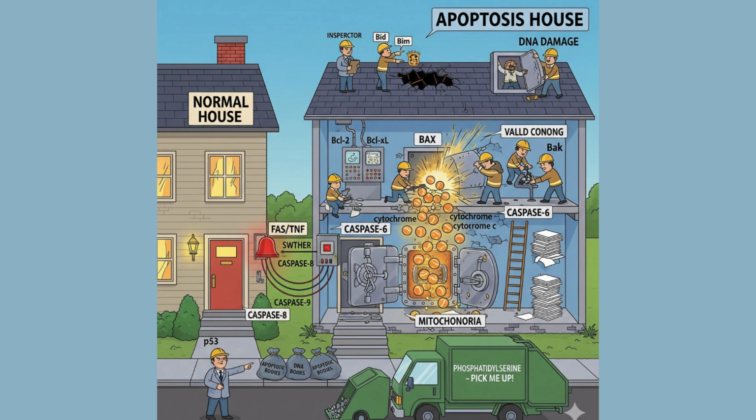Growth factor withdrawal or protein misfolding will lead to ER stress and then apoptosis, and then hypoxia. The vault, that is the mitochondria, opens, releasing cytochrome C into the cytosol. This cytochrome C binds to APAF1, apoptotic protease activating factor 1, and forms an apoptosome. This structure activates caspase 9.